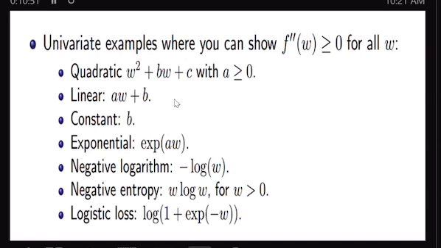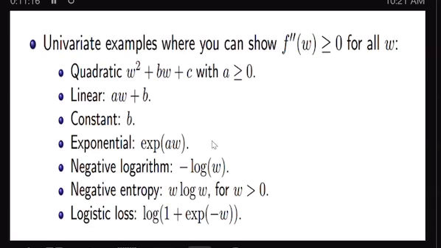These are univariate examples of convex functions. Why do I call it univariate? Because I'm only focusing on one variable at a time. If you look at the quadratic, I'm focusing on variable w. Linear, variable w. In all of these, I'm only focusing on one variable. Does that make sense? Any questions?